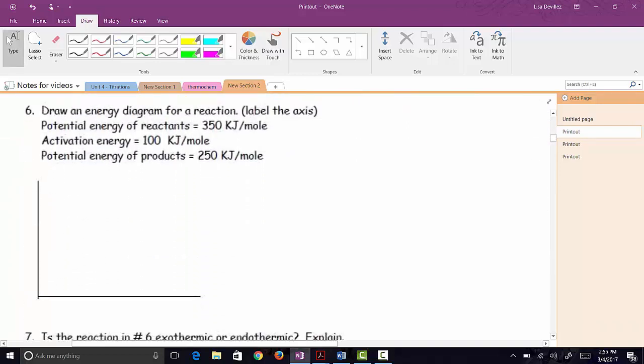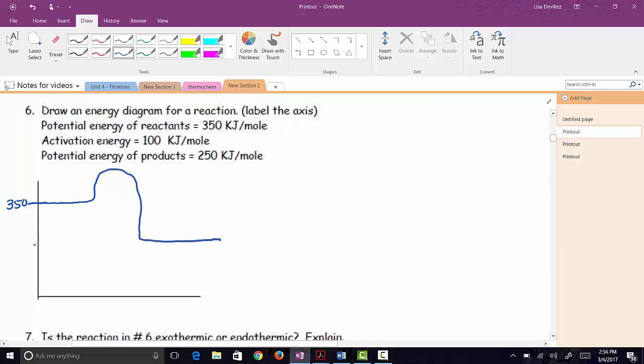All right, again, this is just for review purposes, since we've done these energy diagrams before. We want to draw an energy diagram where the energy of the reactants is at 350, so we'll put it up here at 350. It's going to come in like this, go up, and then come down.